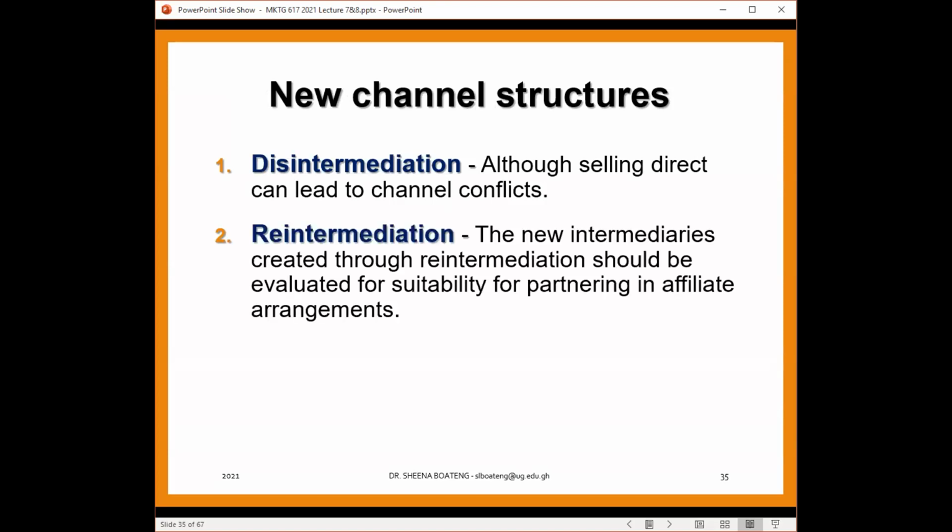Also, re-intermediation has taken place, where customers can now access the services of various suppliers or sellers through intermediary platforms that have been made possible as a result of the introduction of the internet. So sellers can have various affiliate arrangements with different platforms that can facilitate access to their target customer base to help them gain access to the products and services that the seller offers.